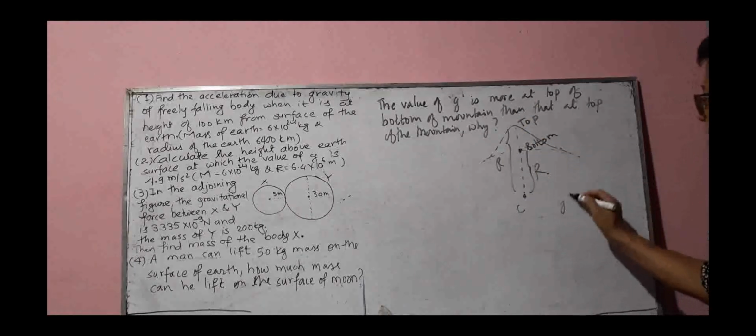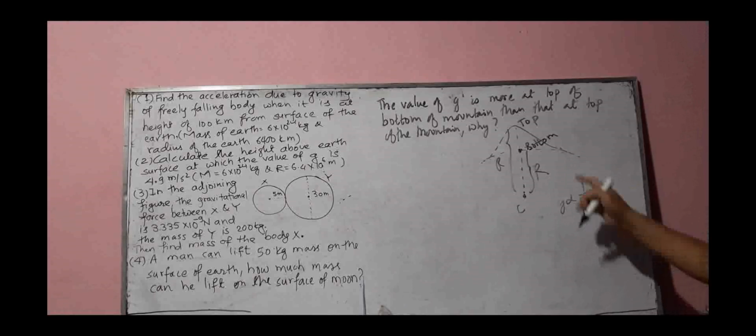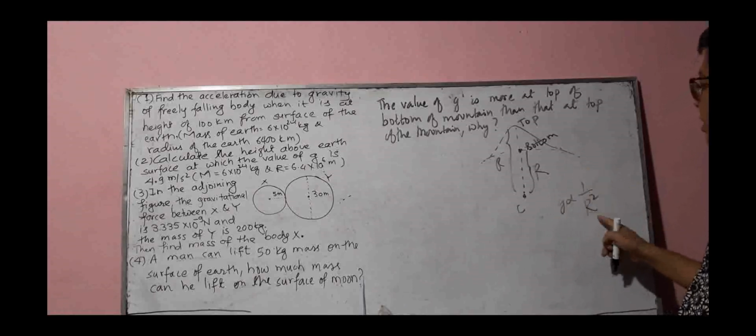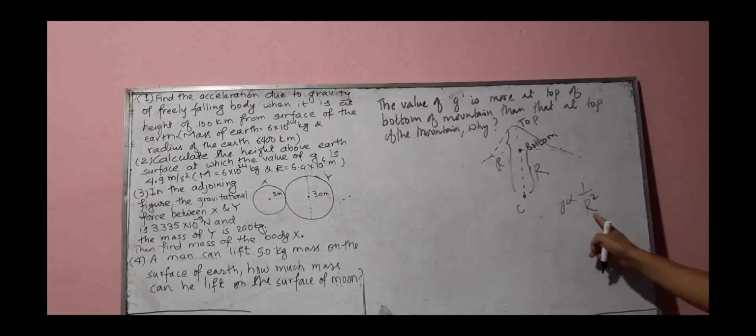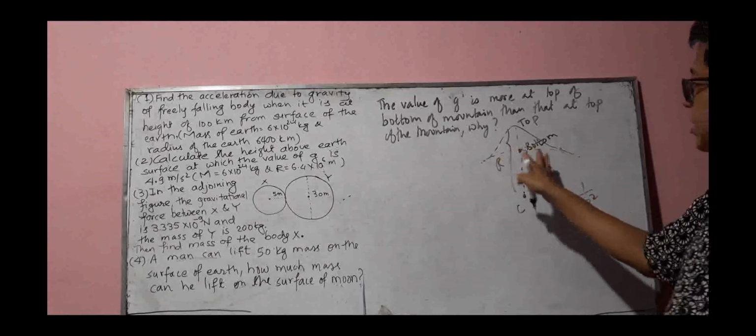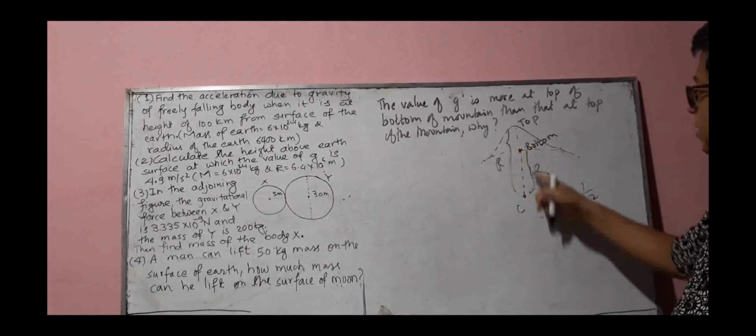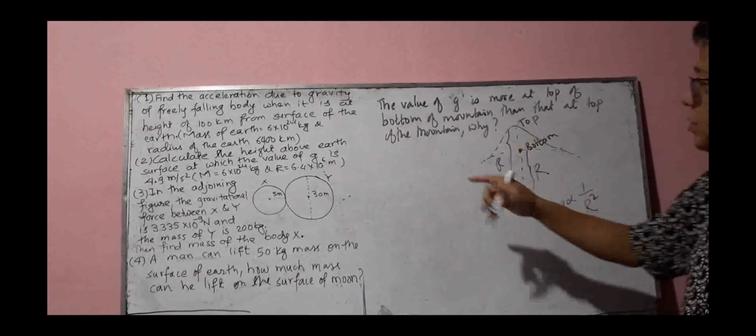As you know that g varies 1 by R square. That means g is inversely proportional to the square of the radius. So more radius, less acceleration due to gravity. Less radius, more. So comparing these two radius, the radius is less at bottom and more at top.